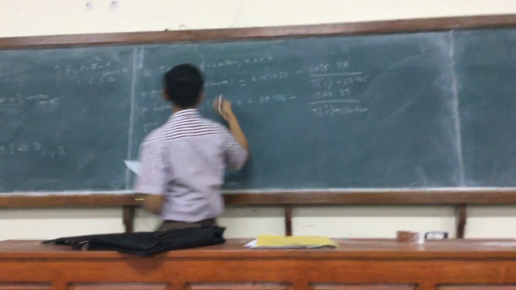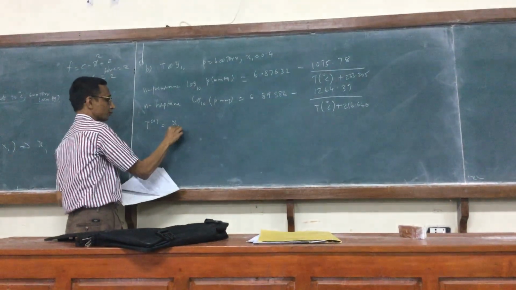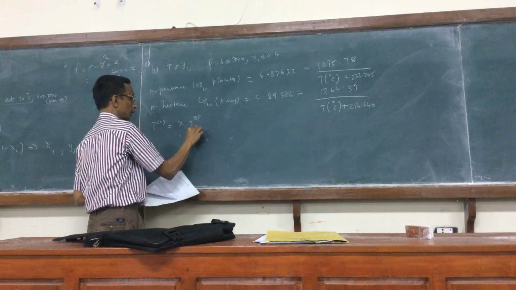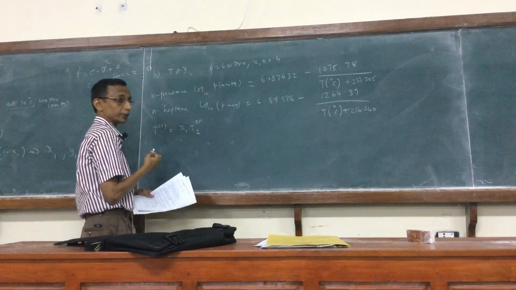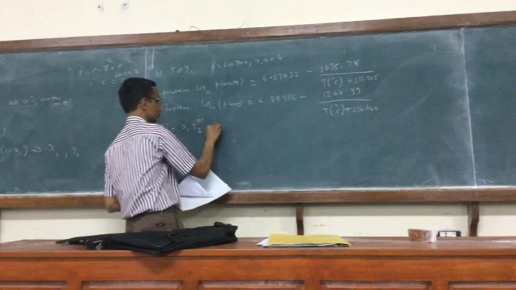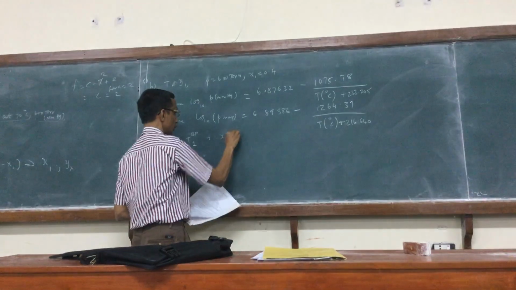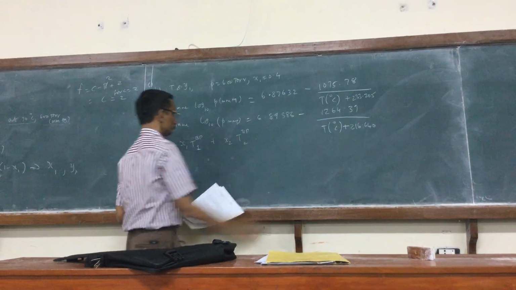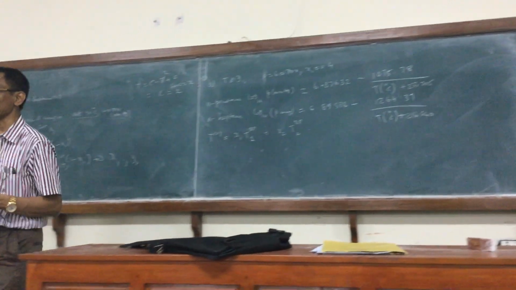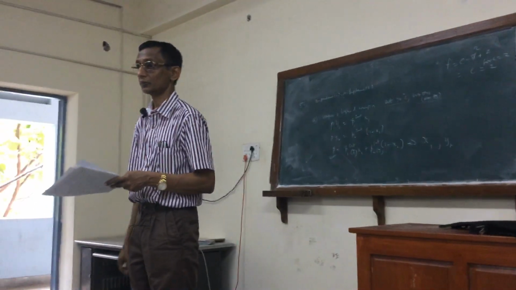So since x is given, it is x1 times TB1, the boiling point, plus x2 times TB2. How would you find the boiling points?